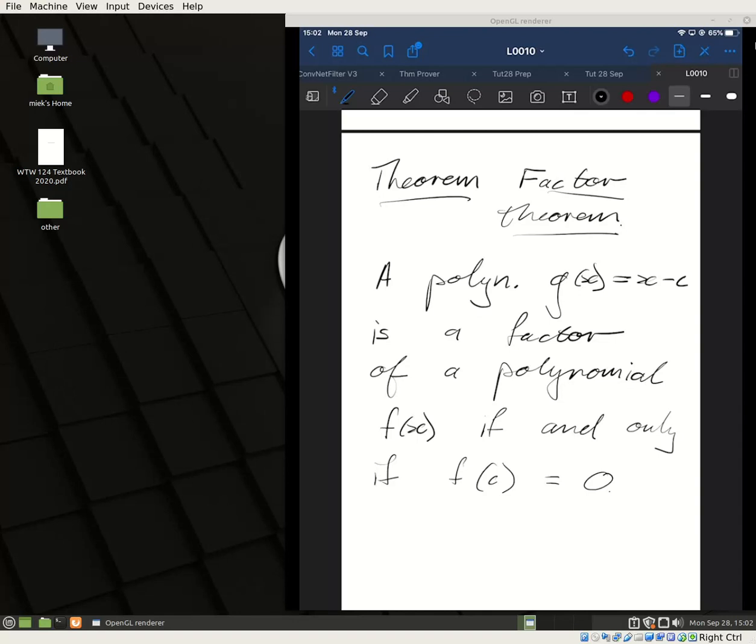So we can easily see when a degree 1 polynomial is a factor of another polynomial when we substitute in, or we apply the polynomial that we are dividing to minus the constant term of this degree 1 polynomial, and we get 0. So this gives us an easy check of when a degree 1 polynomial is a factor of any other polynomial. We just need to substitute in.